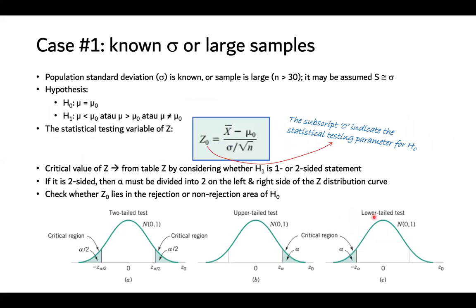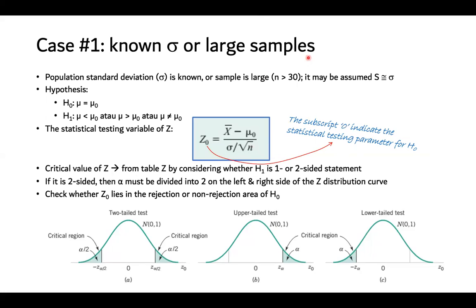Okay, and then let's have a look again, a refresher. You have to remember the difference between the tests. We have around 5 cases, and for number 5, there are A, B, C. So for case 1, this is the hypothesis testing for known sigma, the known standard deviation of the population, or large samples.